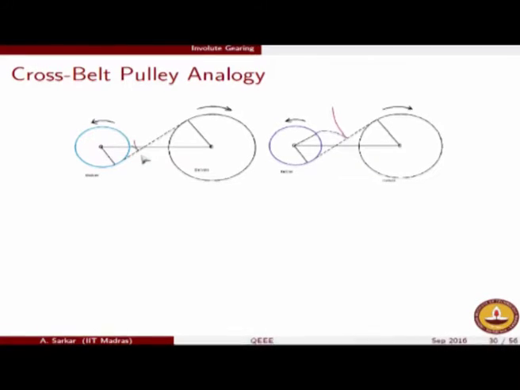Now, any point on this belt, as you are looking at it, will definitely move in a straight line. That is unquestionable, because each point is just moving from here to here to here and finally to the point of tangency of the driver pulley, right.